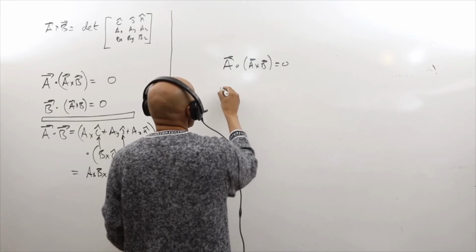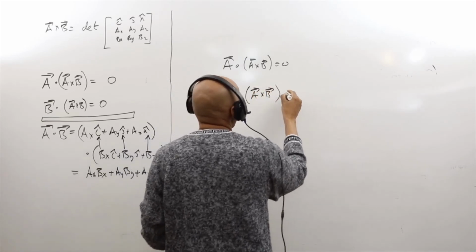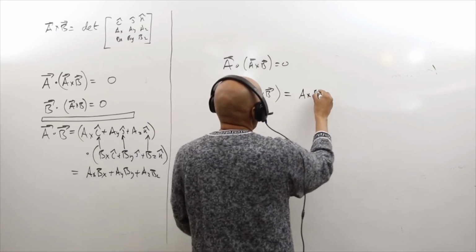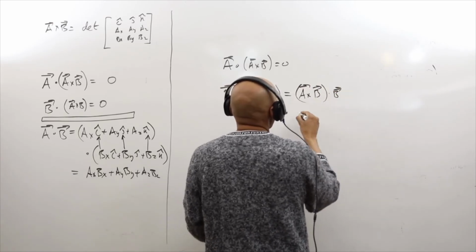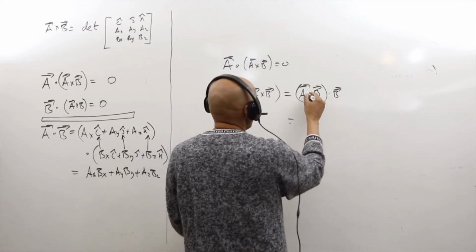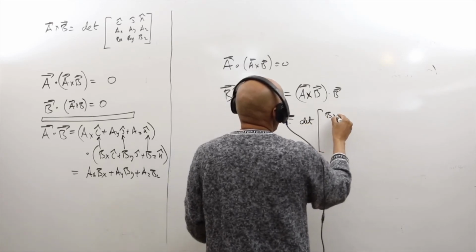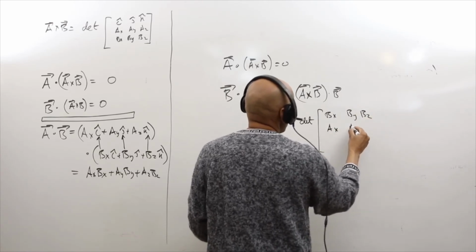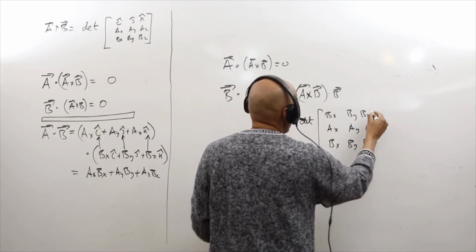We can repeat this process again with a cross b, and I can rearrange this in terms of a cross b dotted with the b vector, and then using that idea of transcribing the i's and j's, this is your cross product. I'll get the determinant of bx, by, bz; ax, ay, az; bx, by, bz.